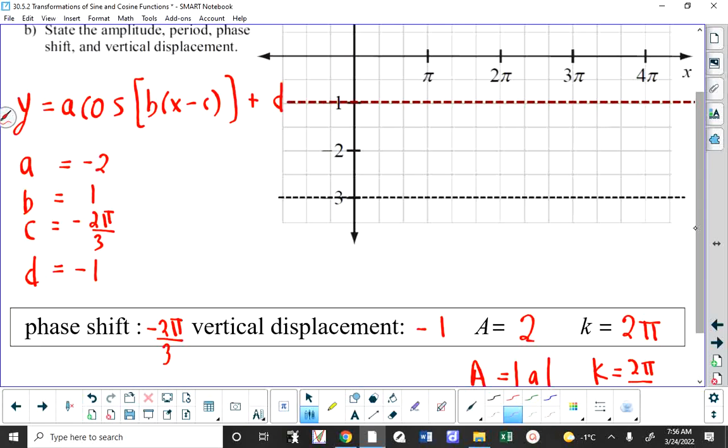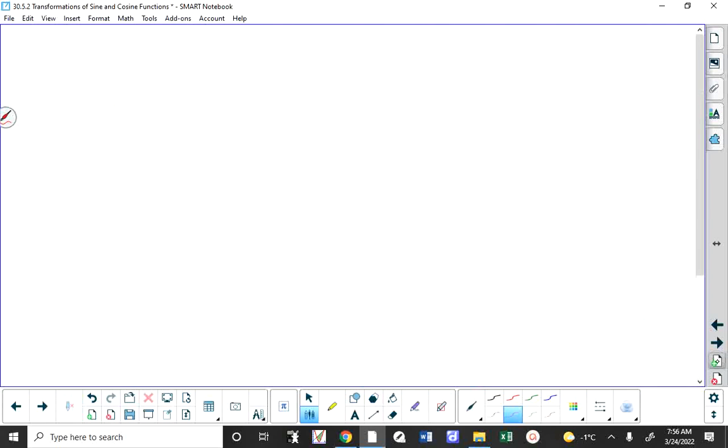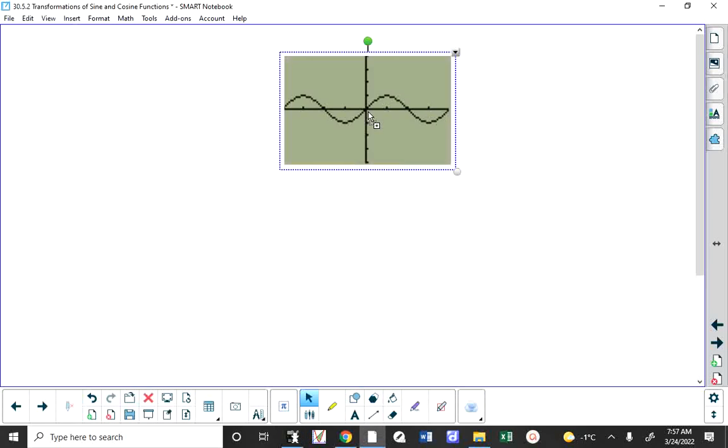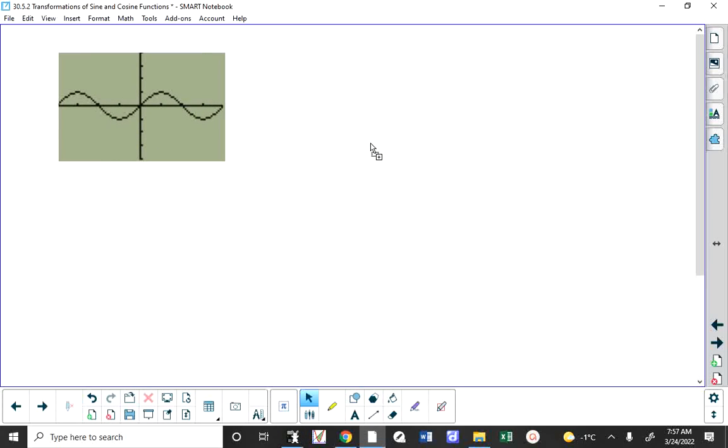Just to go back and review sine and cosine functions with you, if I take a look at the sine of x as a graph, and I'm going to choose zoom trig, this is the graph of y equals sine of x.